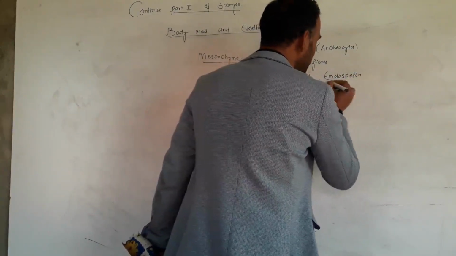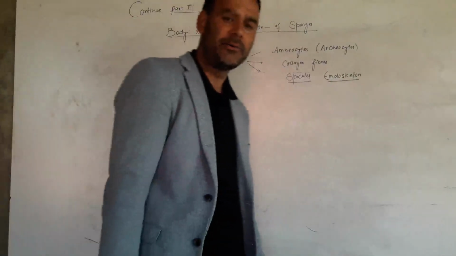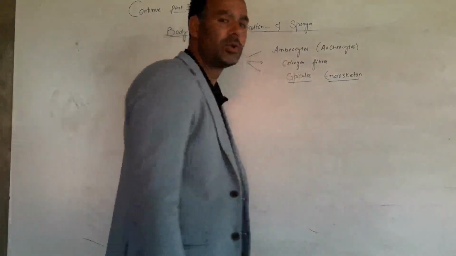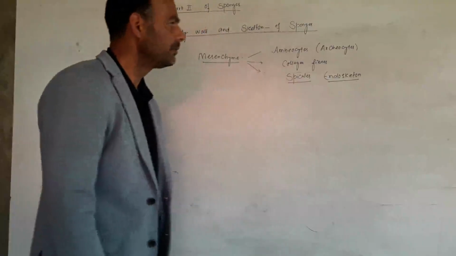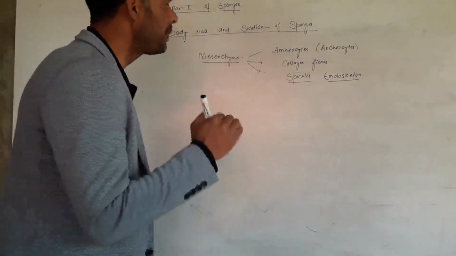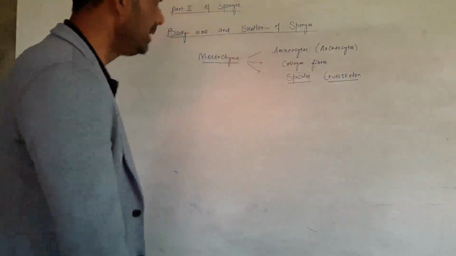These spicules are of different types, depending upon the type of species. On the basis of the spicules present in the mesenchyme, sponges are classified into three different classes.